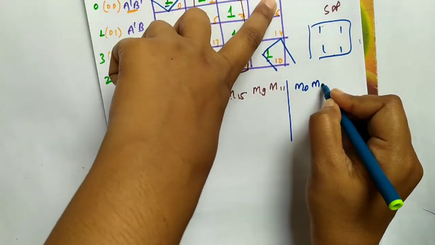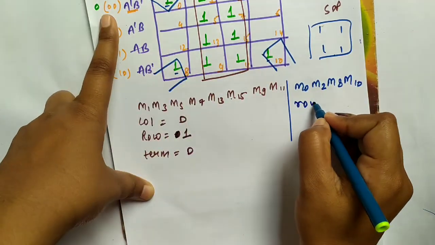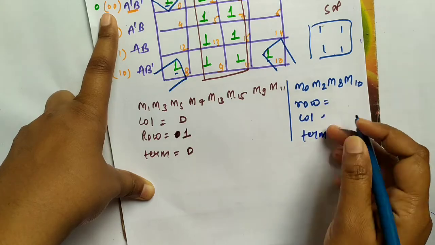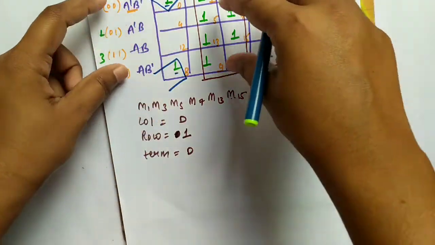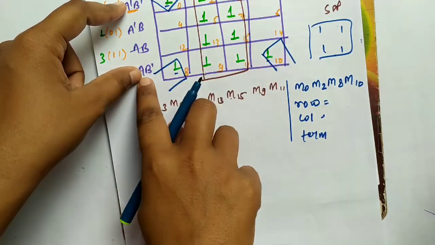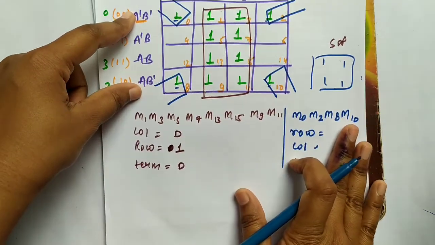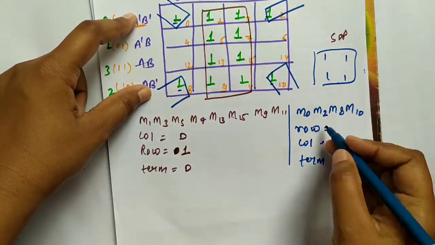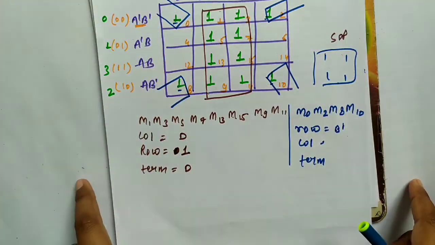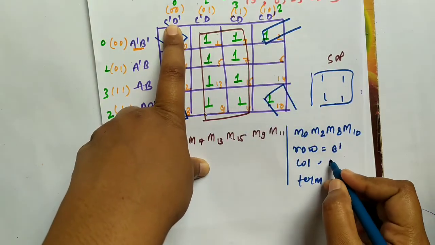So the next one is M0, M2, M8 and M10. Row, column and term. There are 2 rows, A'B' and AB', because these 2 values are in A'B' and these 2 values are in AB'. What is the common value between these rows? The common value of these rows is B'. So the row is B', and these are contained in one column, which is the common value between 2 columns, that is D'.